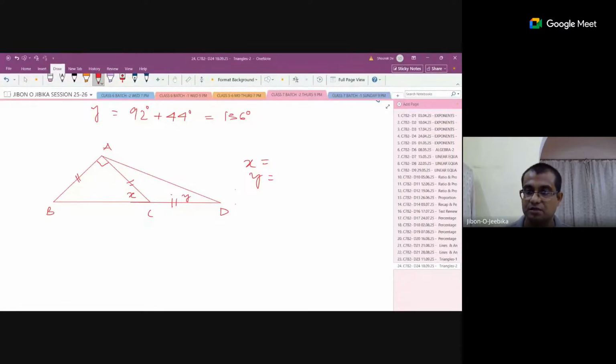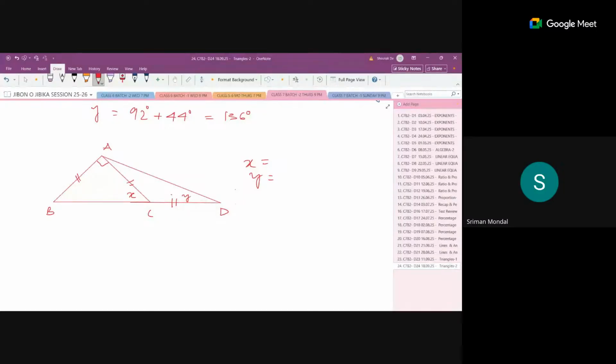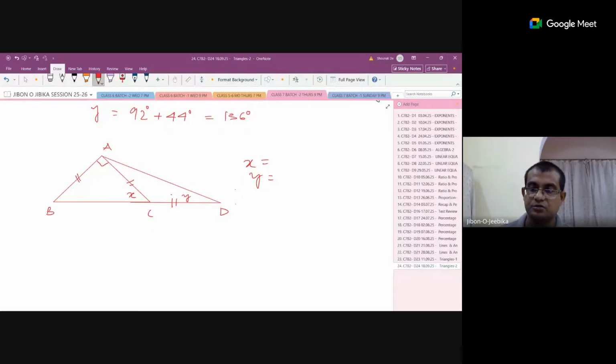Shagnik, Rupam, Shurasri, all look at the answers. Samriddha, have a look. Probriti, are you able to understand the sums? Yes, sir. Okay. If anyone has any doubt, ask in the class. It shouldn't happen that you haven't understood but are still sitting silently.